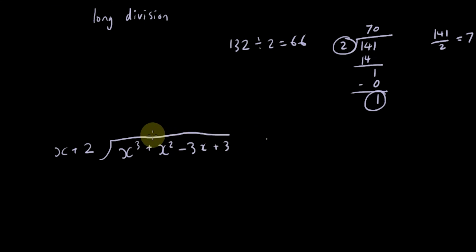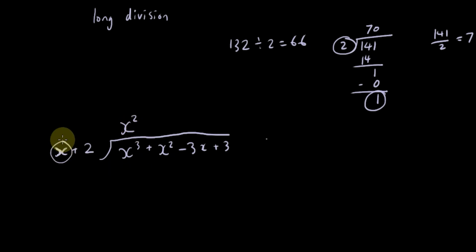Okay, so firstly, let's try and fit it by putting x plus 2. x times what will give you x cubed? x times x squared will give you x cubed, wouldn't it?